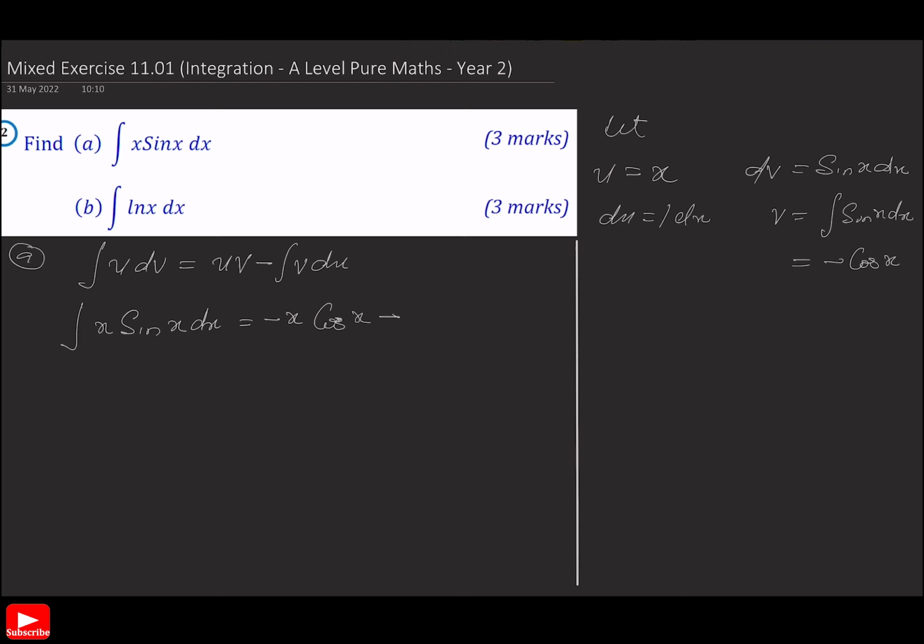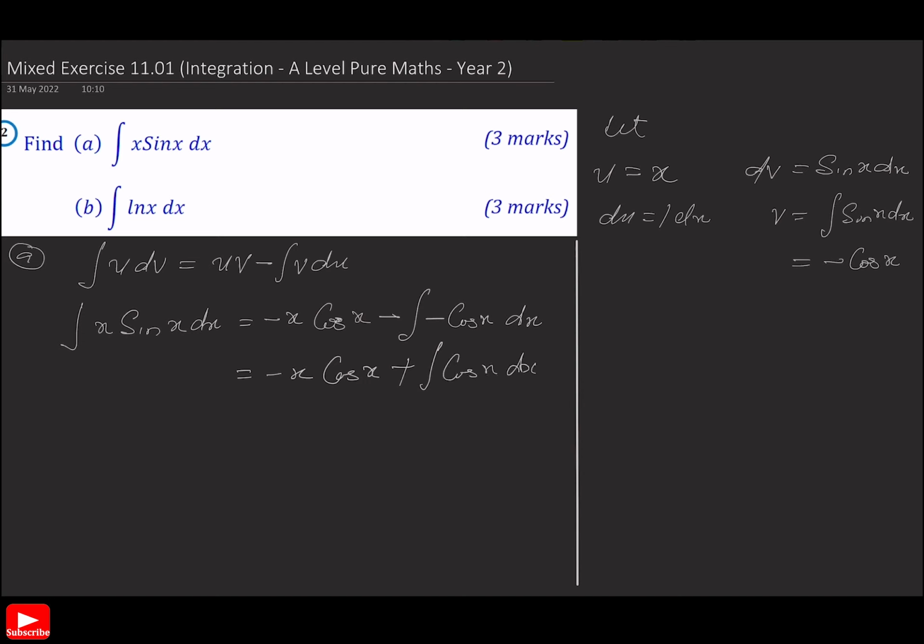Then minus the integral of v du. Well, we know that v is minus cos x and du is dx. So we're going to get minus cos x dx. We can rewrite this to get minus x cos x plus integral of cos x dx.